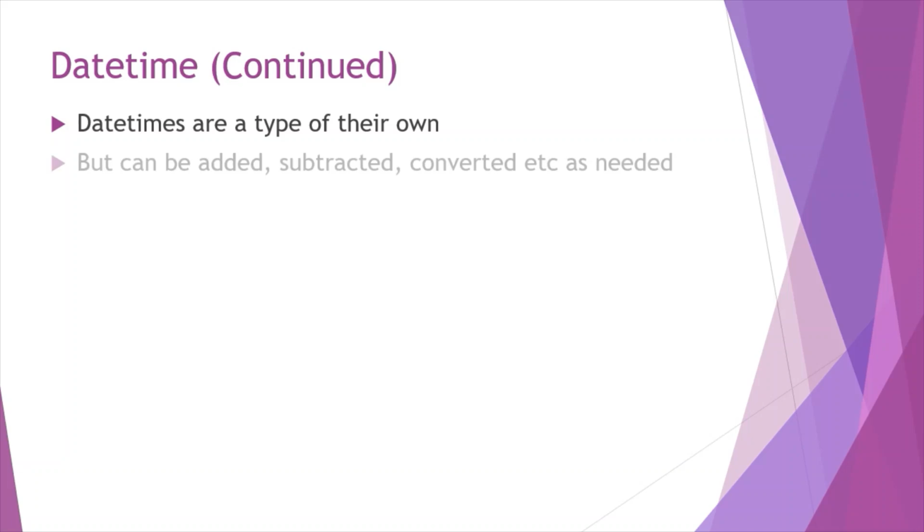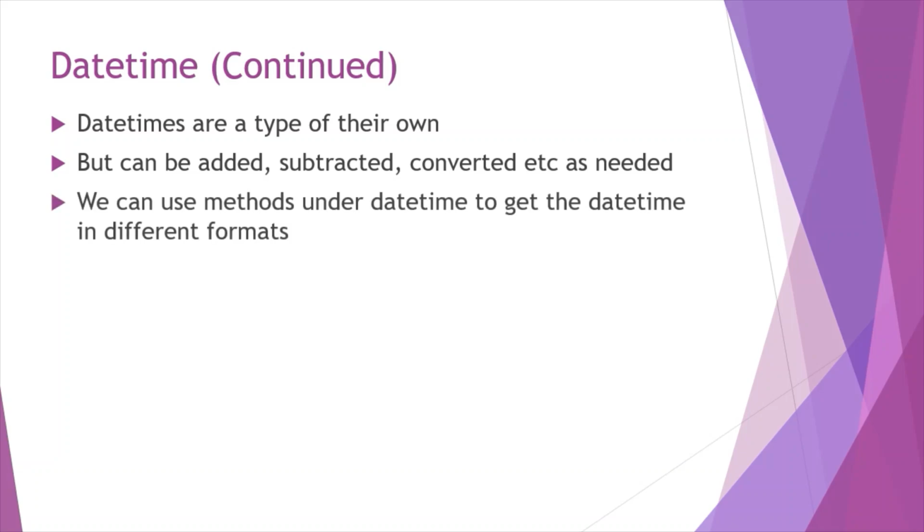So a little bit more about datetime as well. They are actually a type of their own. So it's not an integer, it's not a string. It can actually bring its own type in, and you can then manipulate that type directly. It can be added, subtracted, and converted with another datetime as needed. We can use methods under the datetime attribute to get the data in different formats.